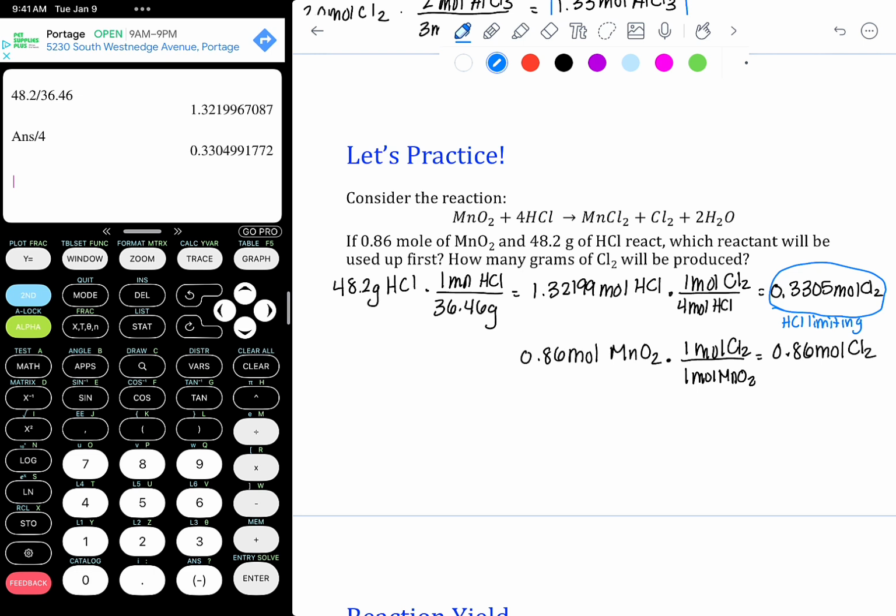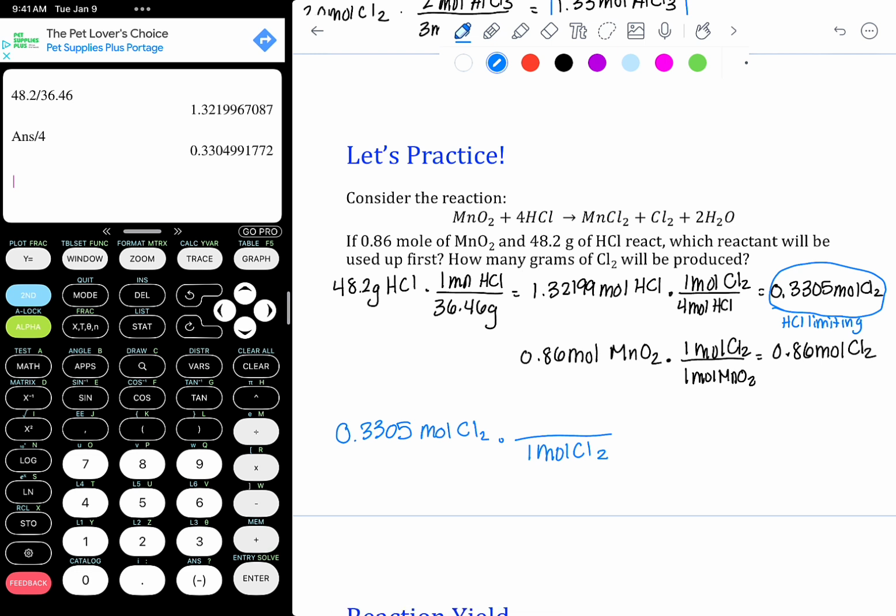The second question is now asking for the grams of chlorine that will be produced. Well, we have moles of chlorine, so we can start off with that 0.3305 moles of Cl2, and we can convert that to mass. So in 1 mole of Cl2, we have how many grams?